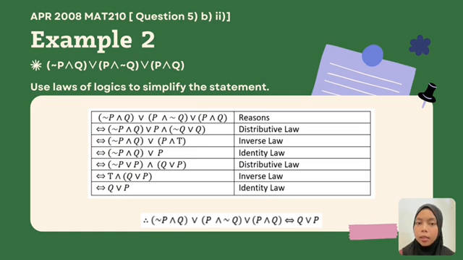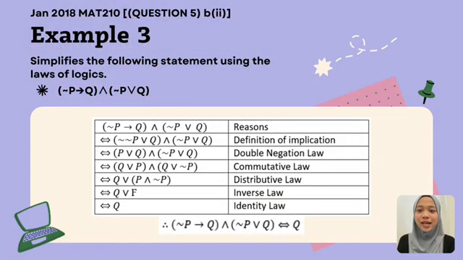Just like the second step just now, the not P or P turns into T. The new statement will be T and Q or P. So using the identity law, the last statement will be Q or P. So the answer is not P and Q, or P and not Q, or P and Q is equivalent to Q or P.